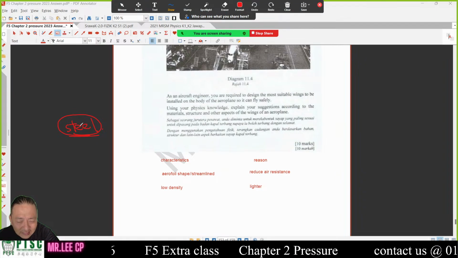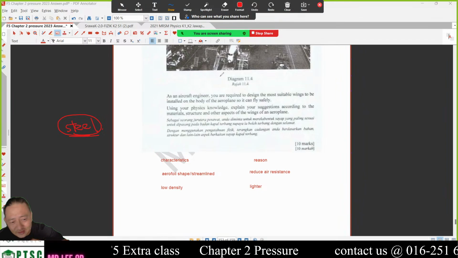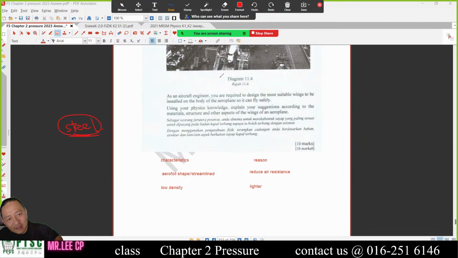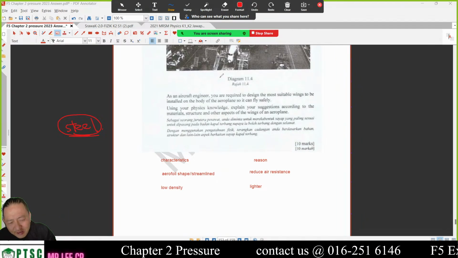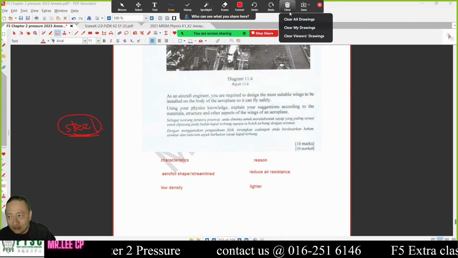The density is too high. It can fly up, but very hard. The runway has to be very, very long. When you want to land, it is very hard because it is too heavy, so it is not going to work, right? No, no, no.